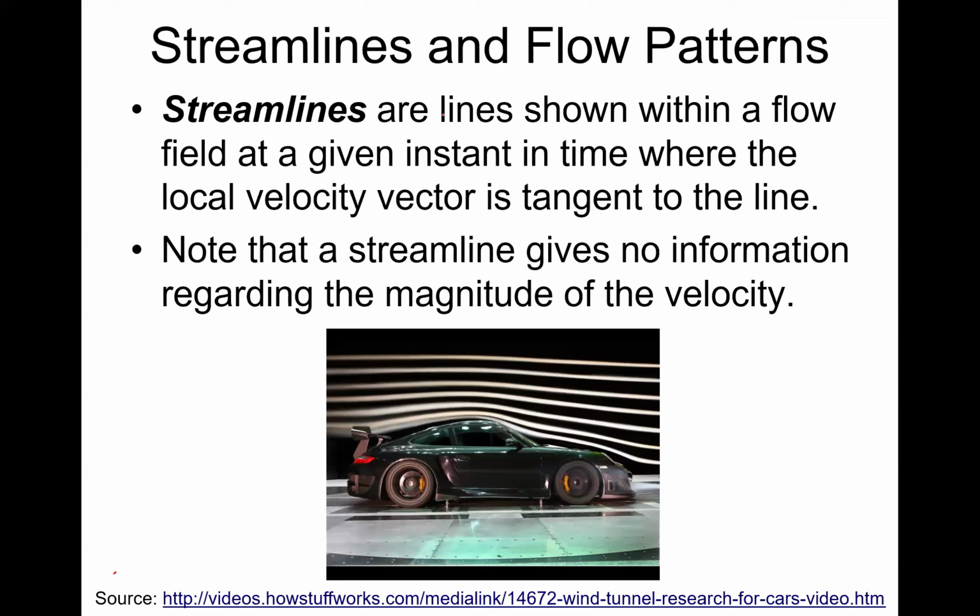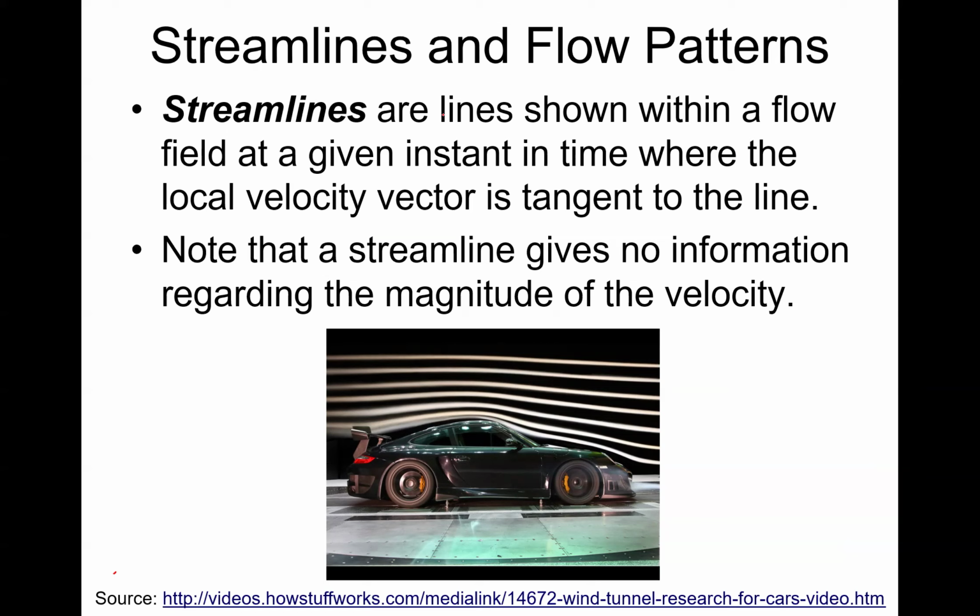An important thing to consider is streamlines. And you can see here streamlines shown in this card. This is a way in which you can use a wind tunnel to determine the frictional losses of a sports car in this case.